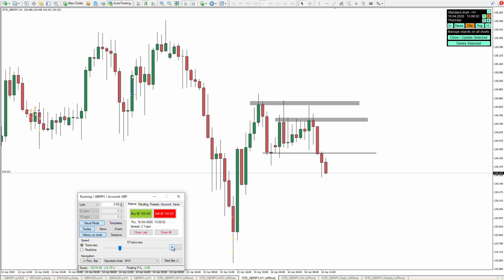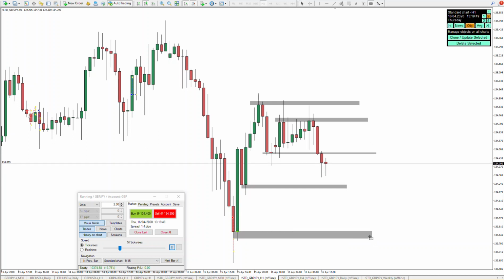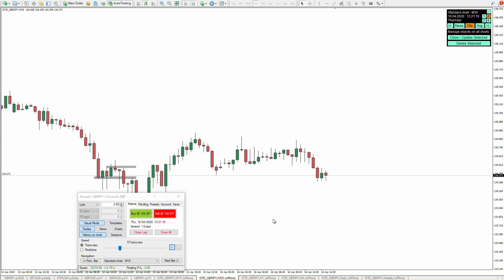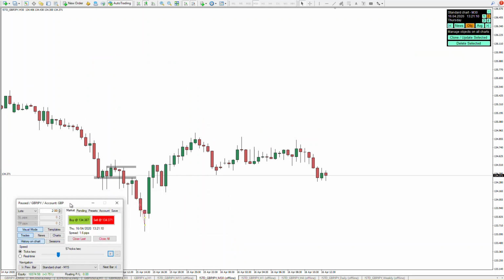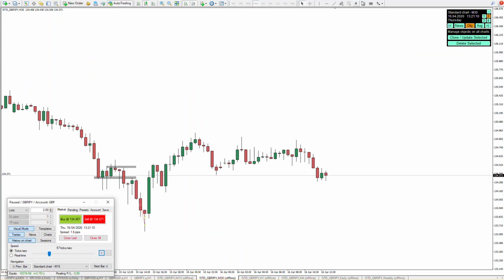It just goes. We also have this support here. This support here. I want to see M30. I was a bit quick. Let's go to M30. On M30 we had this break.